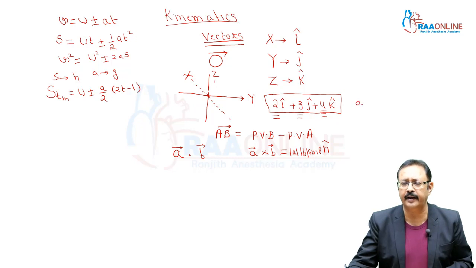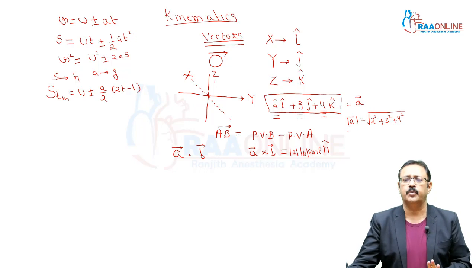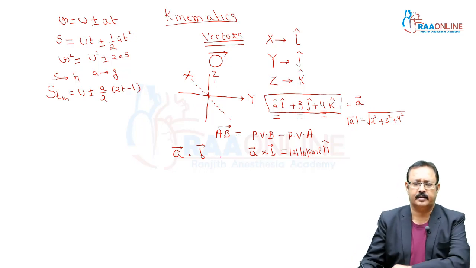If it is vector A, its modulus you can calculate by square root of i coefficient square, j coefficient square and square of coefficient of k. You can calculate modulus in this way.